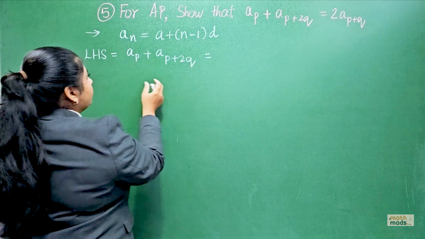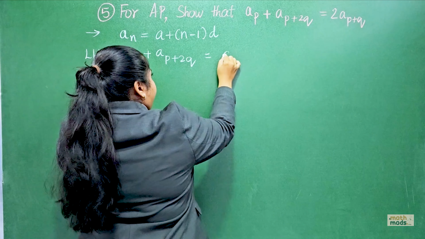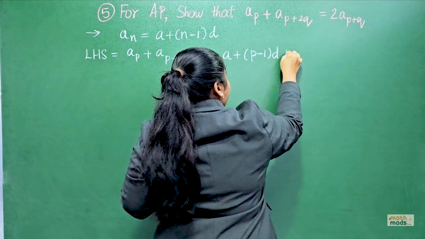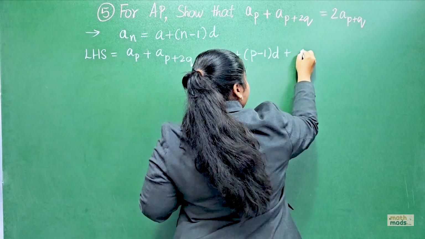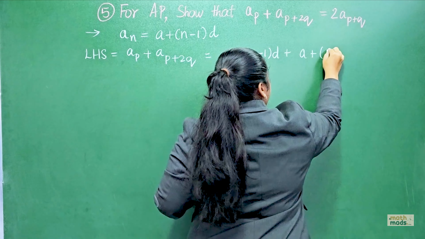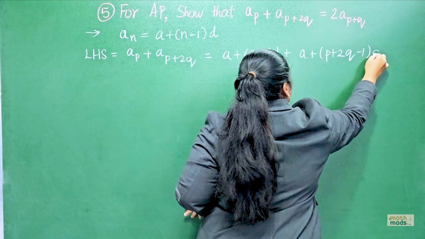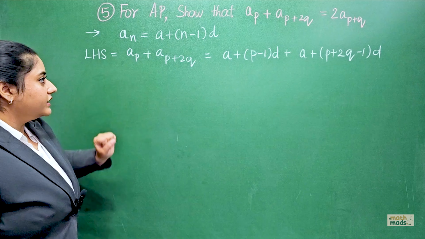Let me substitute p and p plus 2q in place of n. What will I get? A plus p minus 1 into d plus, for a p plus 2q, a plus p plus 2q minus 1 into d. So I've just substituted in the general term.